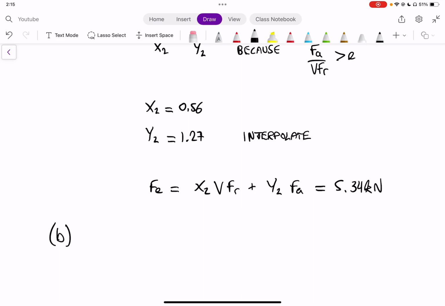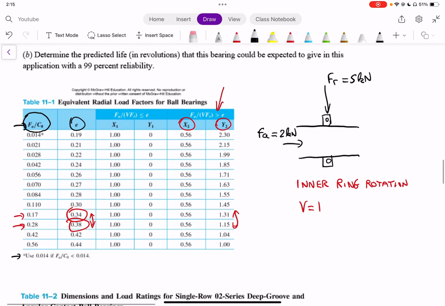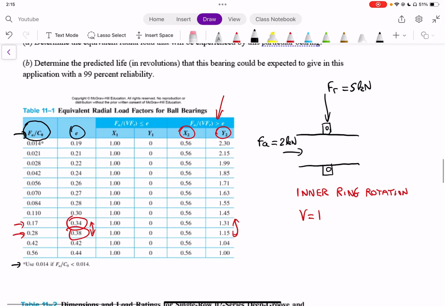And part B of the problem is going to use more of the traditional stuff that we've learned in previous videos. So let's go to part B and read through. It says, determine the predicted life in revolutions that this bearing could be expected to give in this application with a 99% reliability. So they want us to look for a 99% reliability, and they want us to tell them what this bearing is going to go through based on our force desired, okay?